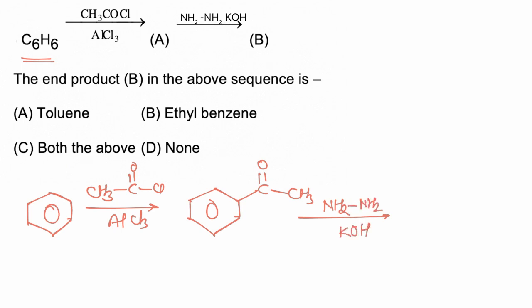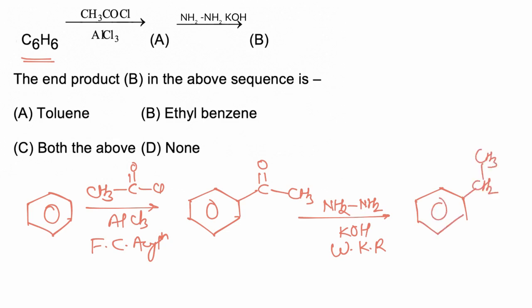Now the first step is an example of Friedel-Crafts acylation, and the second step is an example of Wolff-Kishner reduction. So after the second step, this will reduce to ethyl benzene, and so ethyl benzene is formed as the final product, and the correct answer is B.